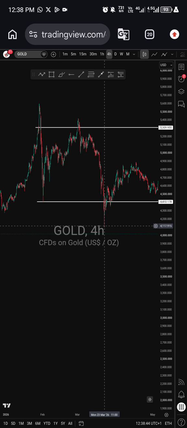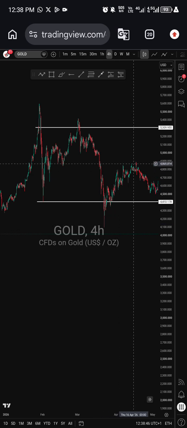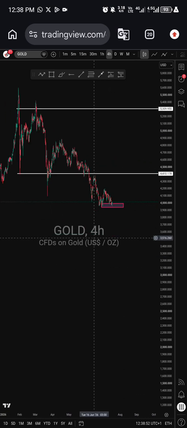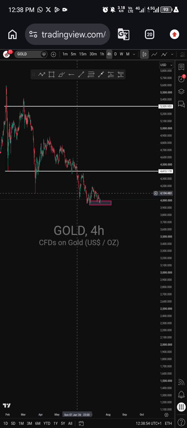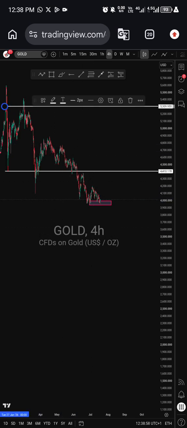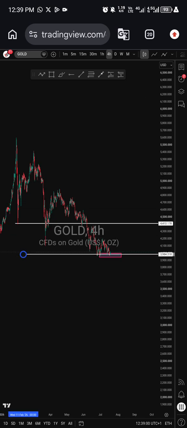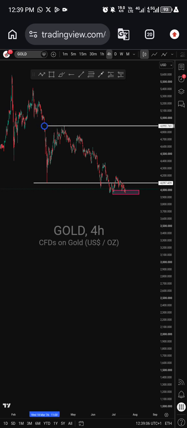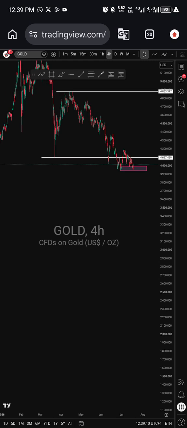So wait for the correction. The correction happened. So what happened again? It broke out. After breaking this level, came back in. So what happened again? So that's it. After that again, what do we go for?